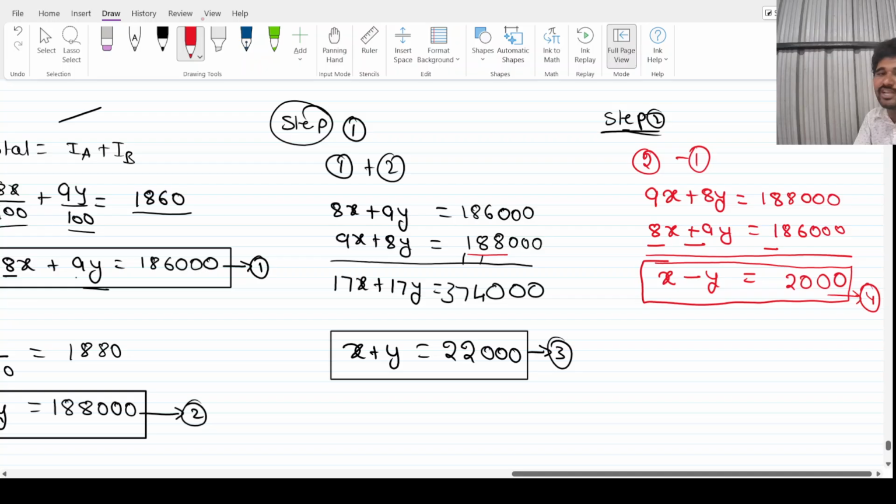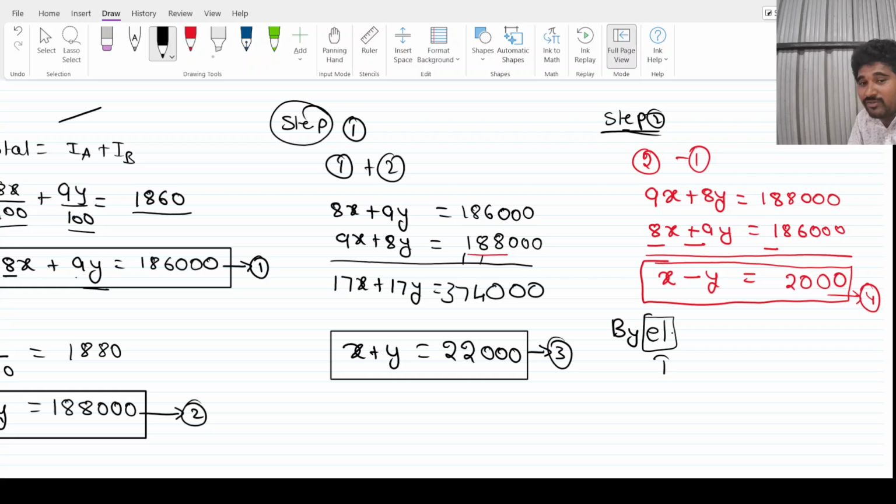Which method will you utilize to solve these two? Elimination is very easy, right? By elimination, add 3 and 4. Write down 3: x plus y equal to 22,000. x minus y equal to 2000.